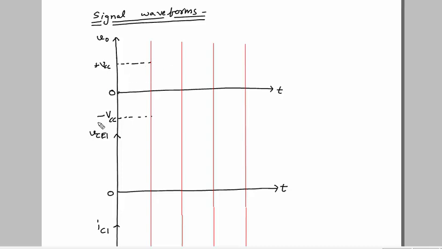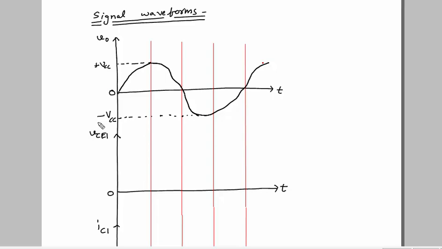Sorry, let me draw this properly. Then it will go down like this, and finally it will reach minus VCC. This line is not drawn properly, but I hope you understand the concept here.